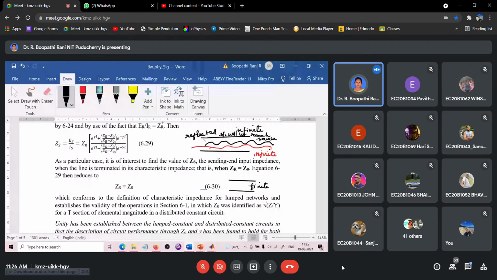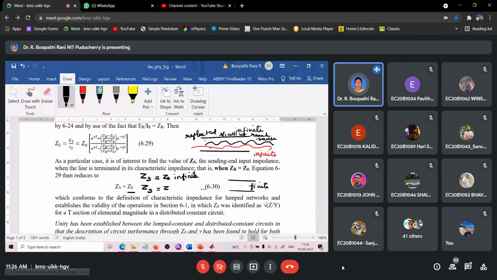Good. Just now we have seen the input impedance of a transmission line is Z naught for infinite length of line. We want to realize that. And another case we have seen, input impedance of a line is Z naught if ZR equal to Z naught for a finite length of a line.